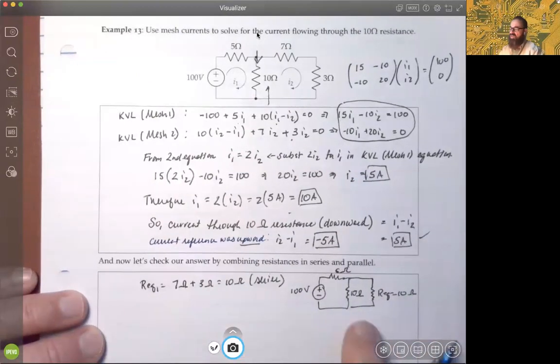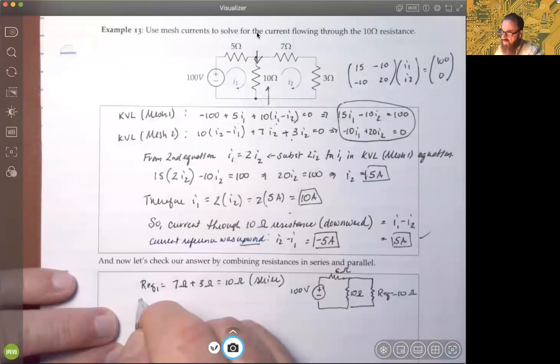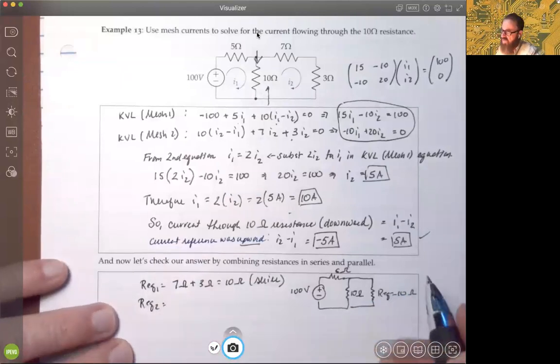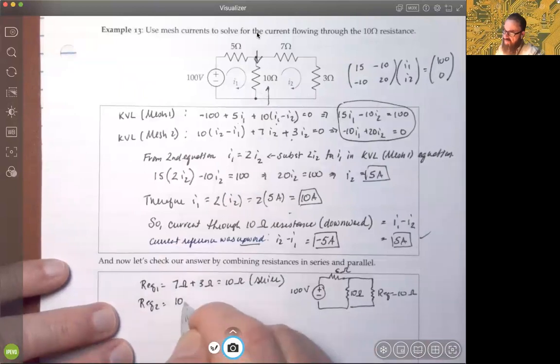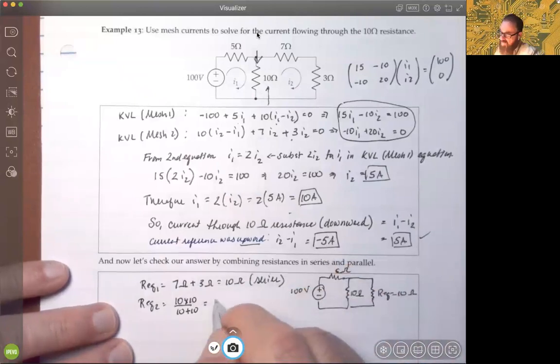And very quickly, using, again, our approach of reduction, we can see these two resistances are in parallel. So we would have another equivalent, let's call it REQ2. And in this case, those two are in parallel, they're the same ohmage, so it's 10 times 10 over 10 plus 10, and that would give us clearly 5 ohms. Okay. All right.